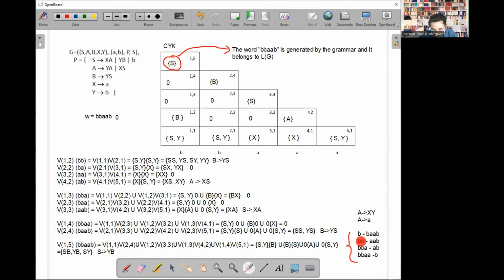Then the second combination would be in the first position of the word taking 2 characters, combined with what we have in the third position of the word taking 3 characters, right? And so on. And this is the way of learning what we need to write on each cell without having to learn this by heart, just using logic.